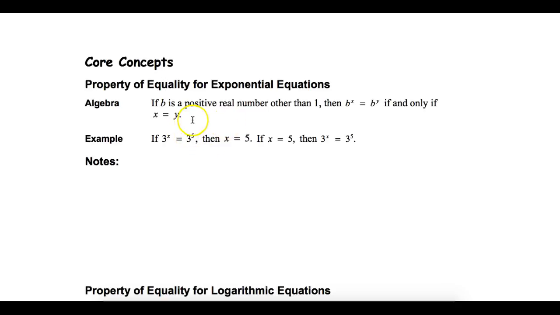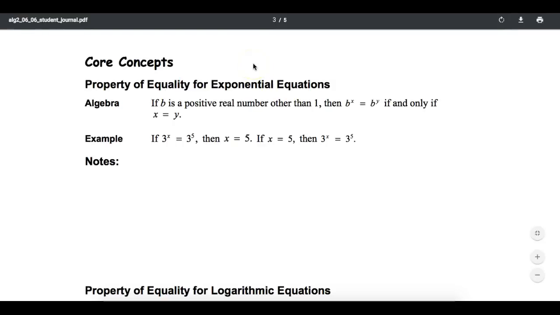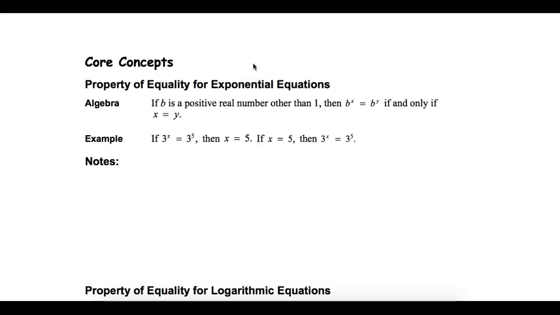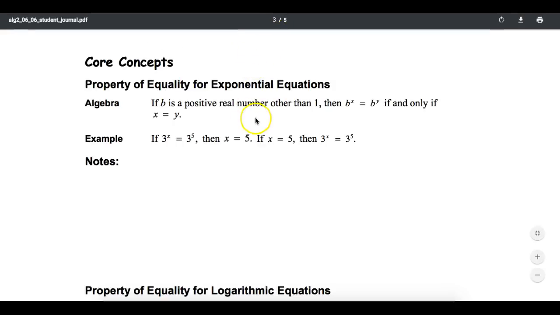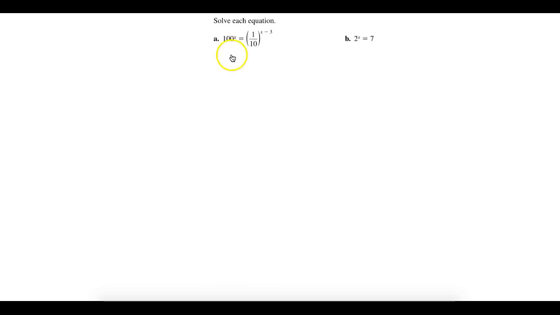What this means is that in order to solve equations that have bases with exponents, you can use this property if you're able to make the bases equal to each other on either side. So sometimes that means rewriting or rearranging one side of your equation to make the bases equal. Let's look at this first example right here.